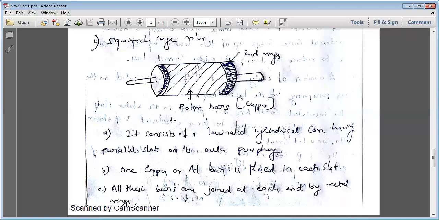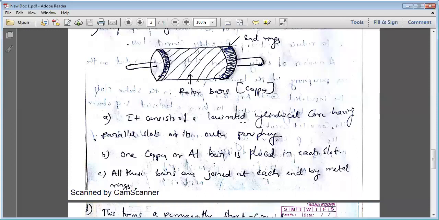Let us discuss in detail. It consists of a laminated cylindrical core having parallel slots on its outer periphery. One copper or aluminum bar is placed in each slot. These lines indicate the number of slots. In each slot the copper or aluminum bars are placed, and all these bars are joined at each end by metal rings, also called end rings.